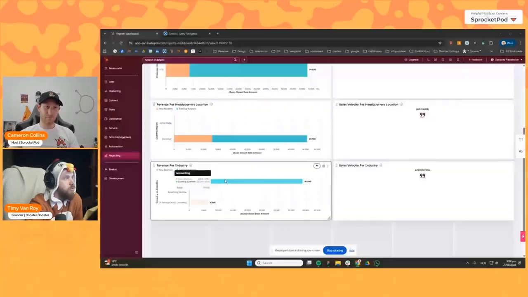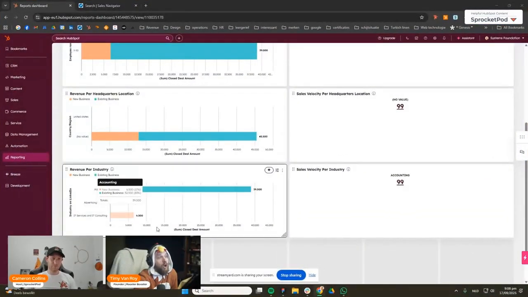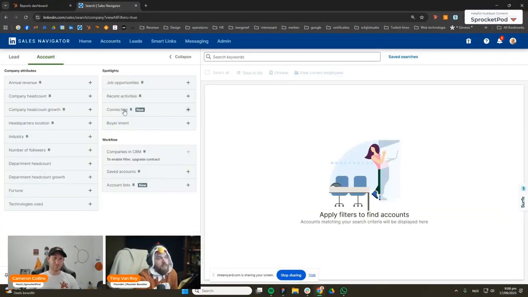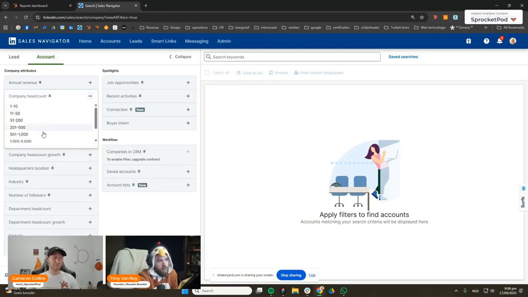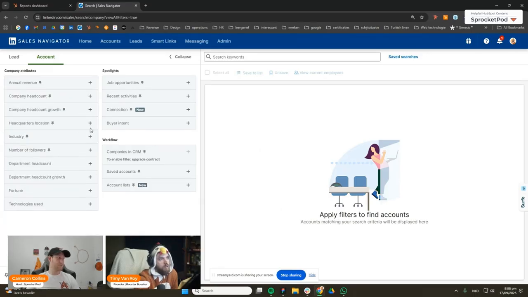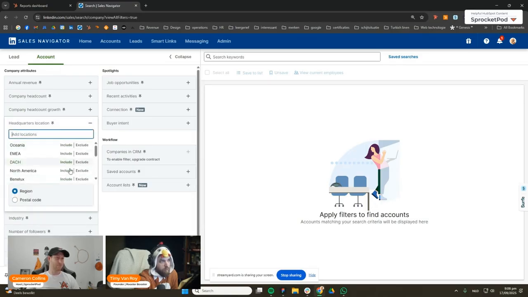So for the ICP dashboard, I've got this, and I'll quickly share it. I translated brackets of, for instance, employee range, revenue per headquarters location, and revenue per industry. This is all based on Sales Navigator search lists. For company headcounts, I'm using the same brackets as Sales Navigator. For headquarter locations, I'm again using the same brackets.